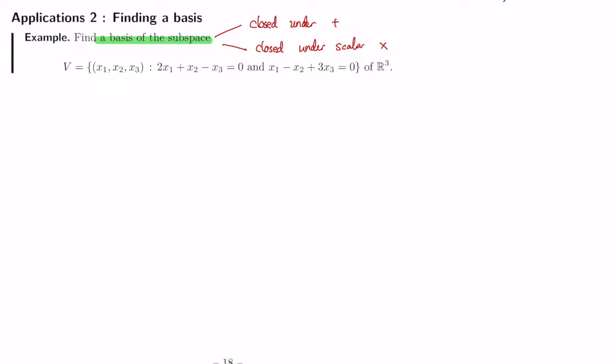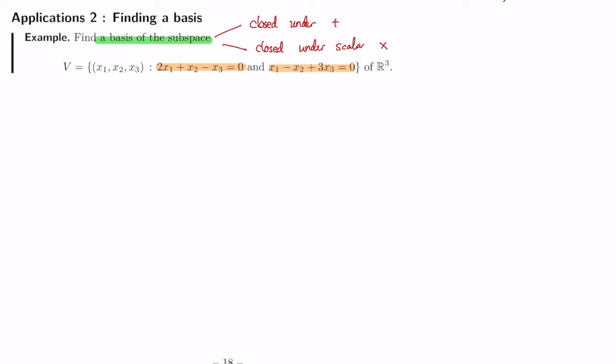And here we have an example of subspace that is all the factors with 3 components, x1, x2, x3, such that the coordinates satisfy 2 equations. The first equation is 2x1 plus x2 minus x3 equals 0. The other equation is x1 minus x2 plus x3 equals 0.